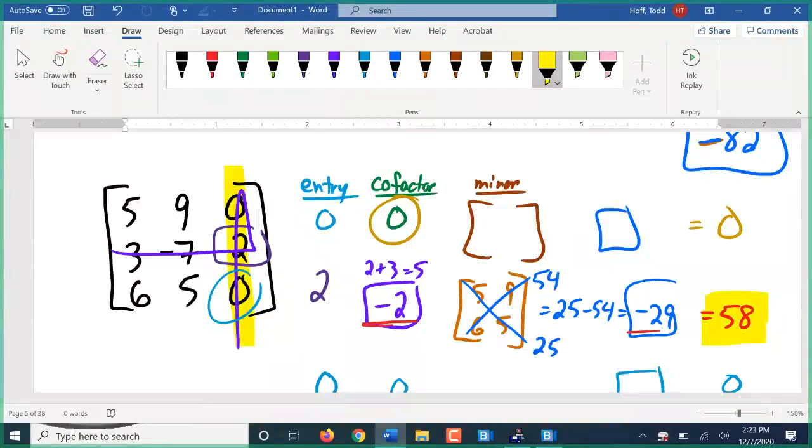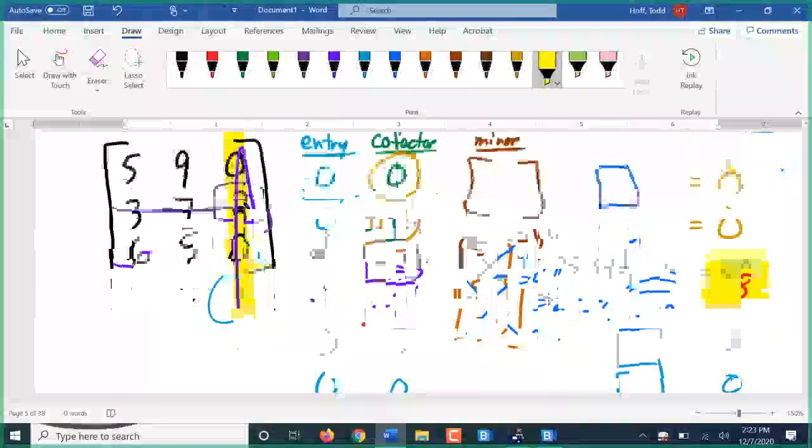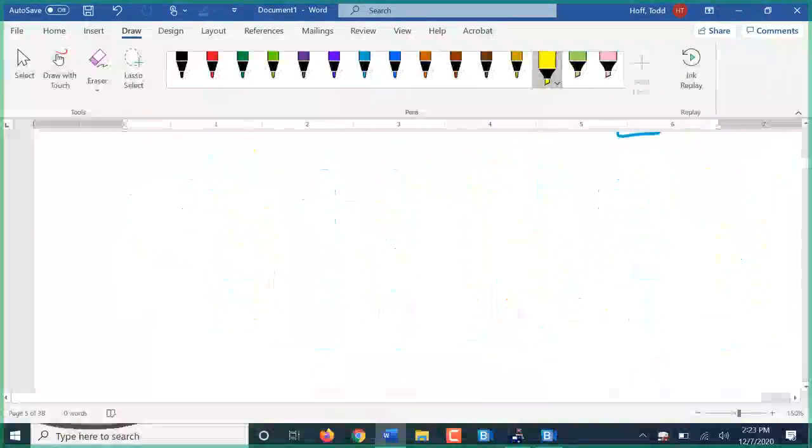So if we pick columns or rows that have a lot of zeros in them, we can save ourselves work, because the expansion of a 0 is going to give us a partial of 0 no matter what. Let's just take a peek at a 4x4 matrix.